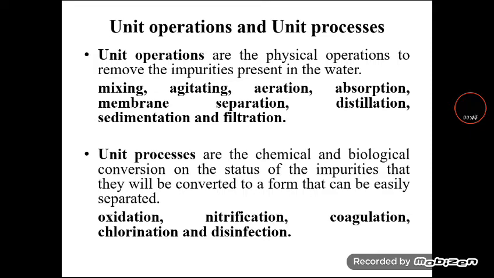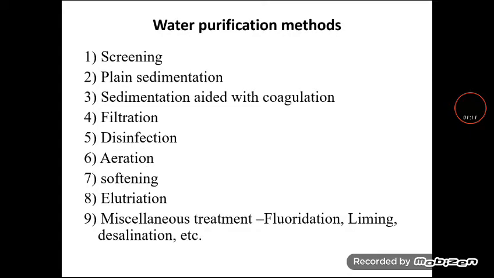That is, to get the result we use chemicals, but in unit operations we use physical forces like filtration. Some examples for unit operations are mixing, agitation, aeration, absorption, etc. And the various unit processes are oxidation, nitrification, coagulation, and disinfection, etc.